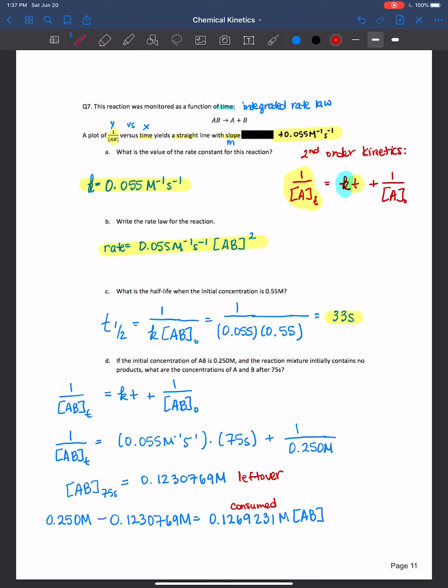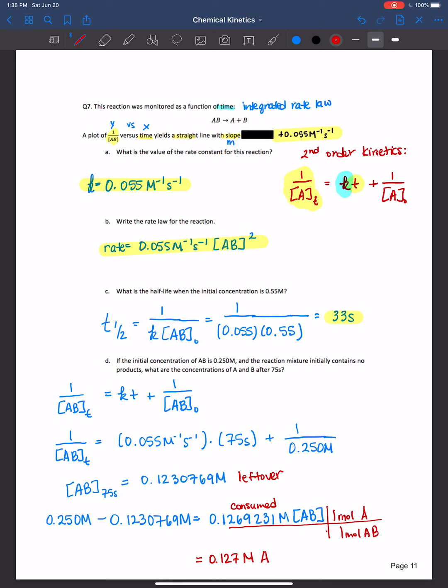Now, based on the stoichiometry, everything is 1 to 1 to 1. And so if this was consumed, then the same amount of concentration was created for both species. And you could use the mole to mole ratio to further elucidate that point. So 1 mole of A over 1 mole of AB would give you 0.127 molar of A after 75 seconds.